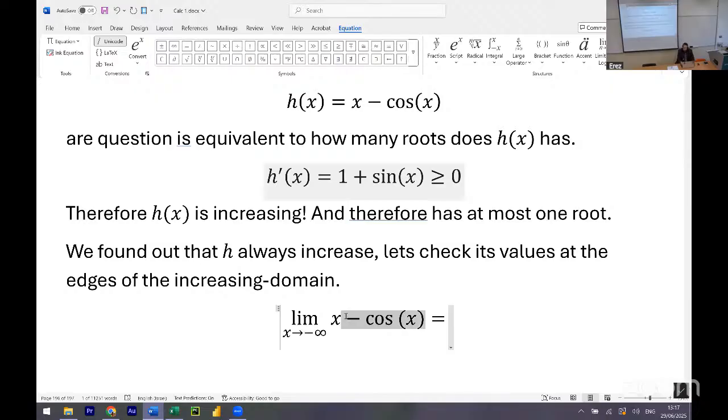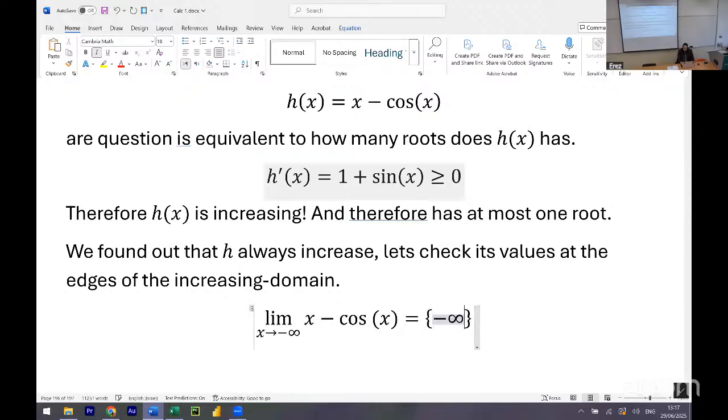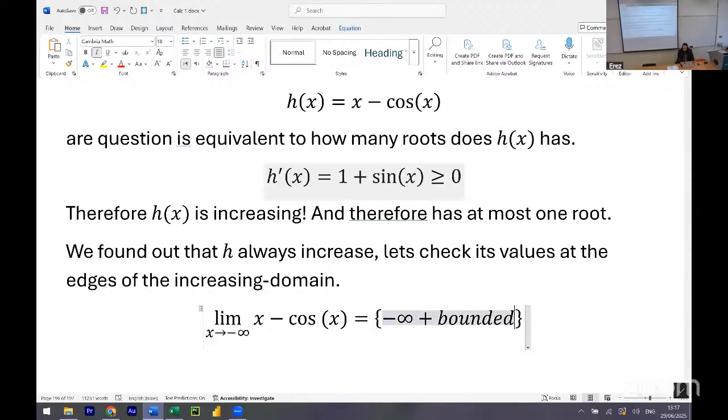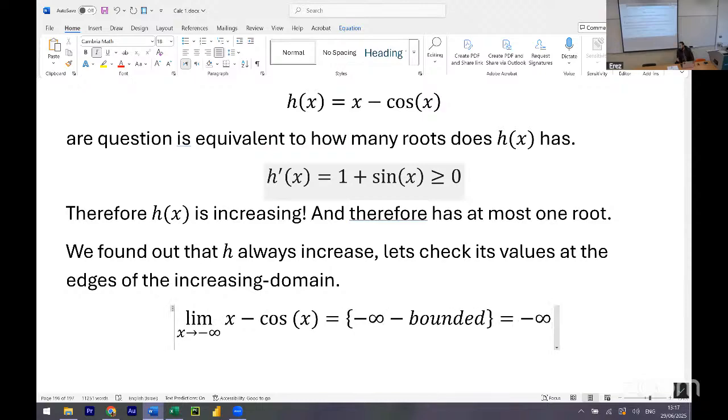It's bounded. So it's negative infinity plus or minus bounded, it's the same. It's negative infinity. And that's why you have a point below the x-axis. You don't need to randomly plug in points. The limit does the calculation for you.